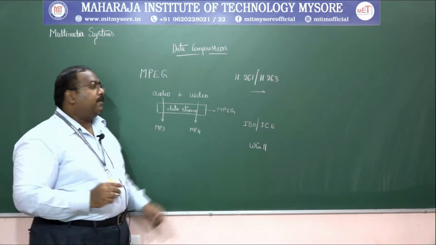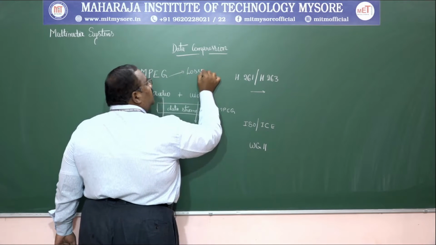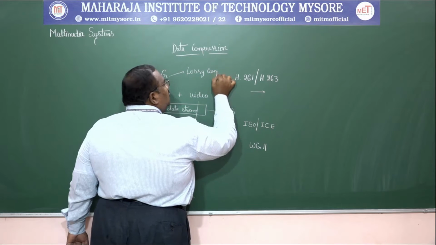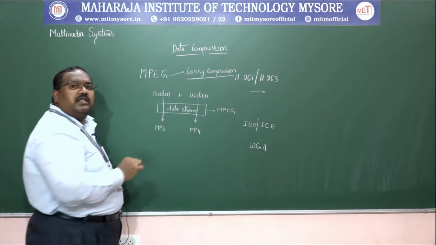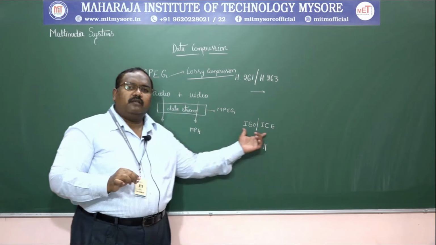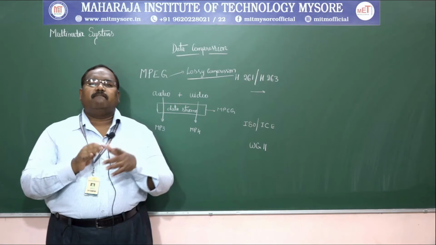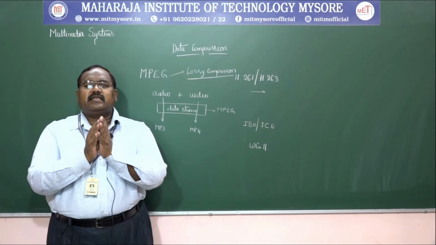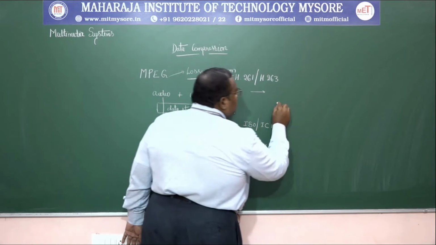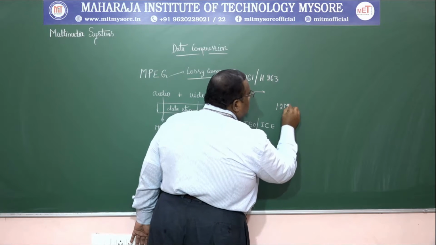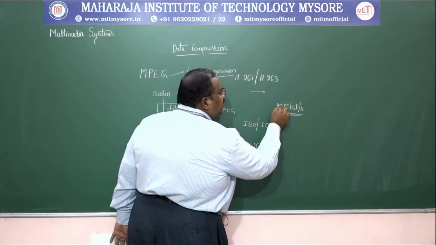Though when you talk about MPEG, it is a lossy compression, you know that. It comes under the category of lossy. So it was defined by the ISO and IEC standard. The main goal of the compression with respect to MPEG was to compress the data stream at the rate of about 1.2 megabits per second. So this was the main intention.